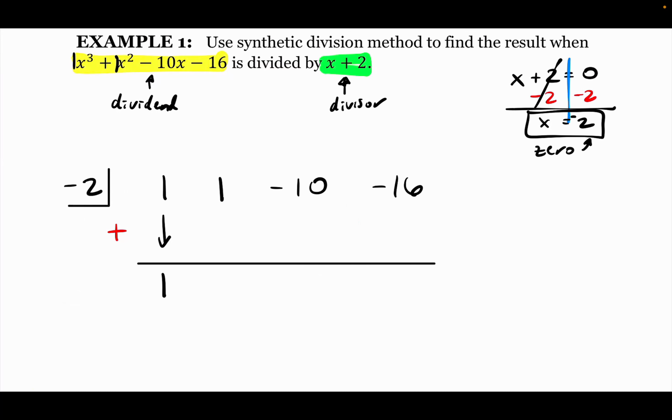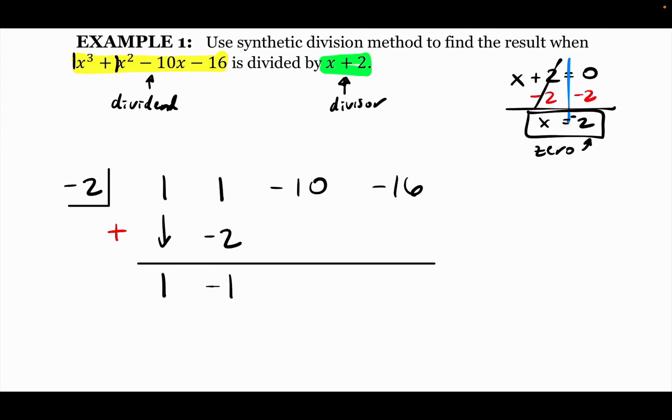I multiply 1 times -2. What is 1 times -2? I put that number right there. Then it says addition, so you add. What's 1 plus -2? -1. Put -1 there. Do it again. Now I have a -1.